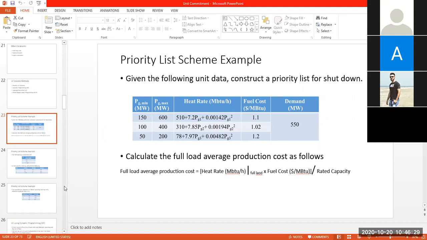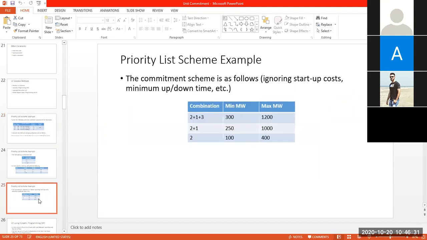Okay, so then if the demand is reduced to 1000 and less, then you simply shut down the most costly unit. So you shut down unit number 3. You simply go with the two highest priority units. So your second combination would be 2 plus 1.